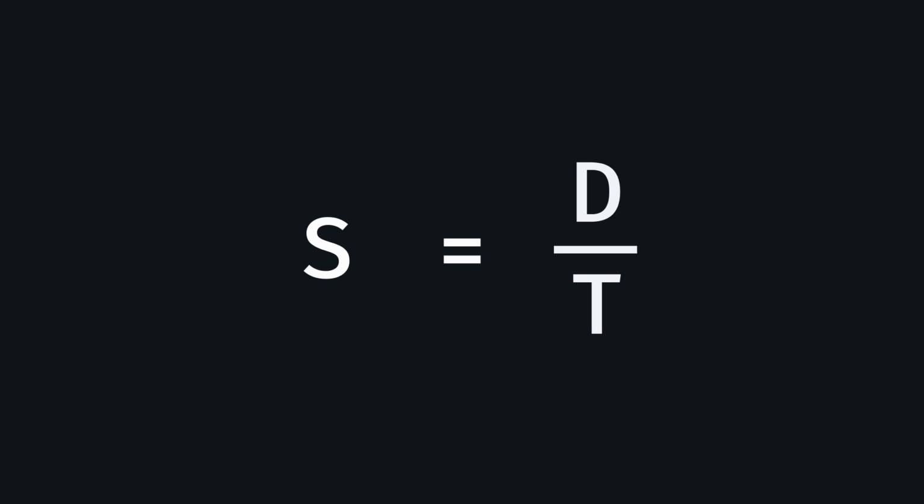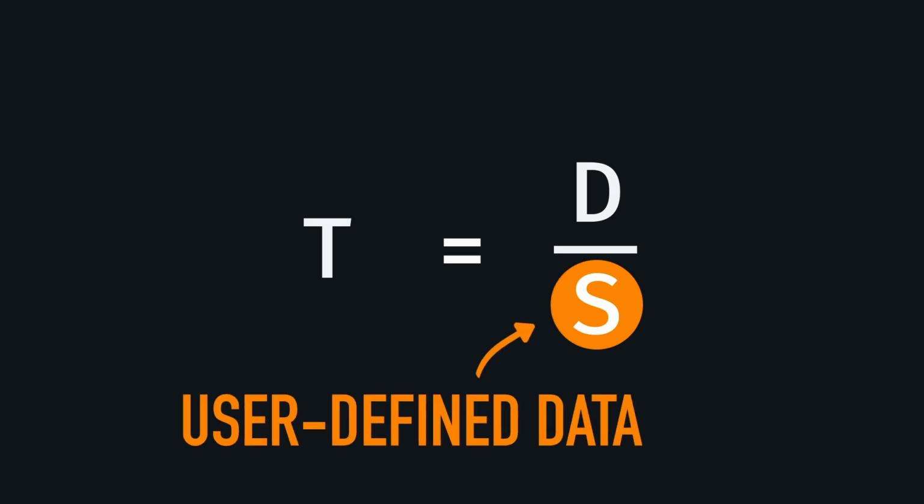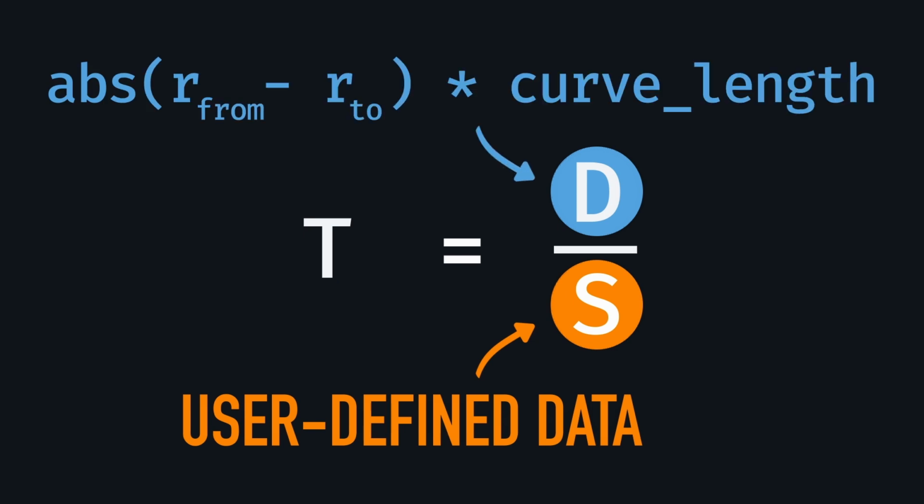But of course, we can also see it another way and deduce that traveling the distance d at the speed s takes a t amount of time. In our case, that's pretty neat, because we've already exposed our platform speed in the inspector, so that's user-defined data, and we can easily identify the distance that we want to travel between our from point and our to point based on our waypoint ratios and our total length curve.